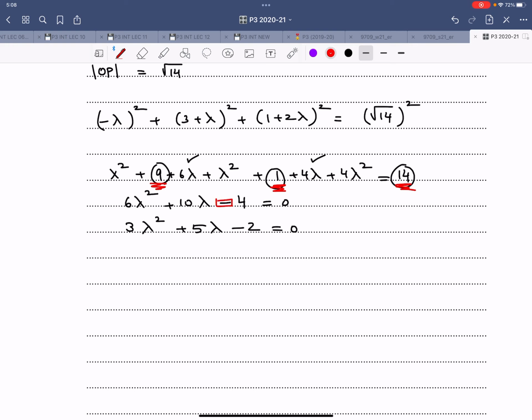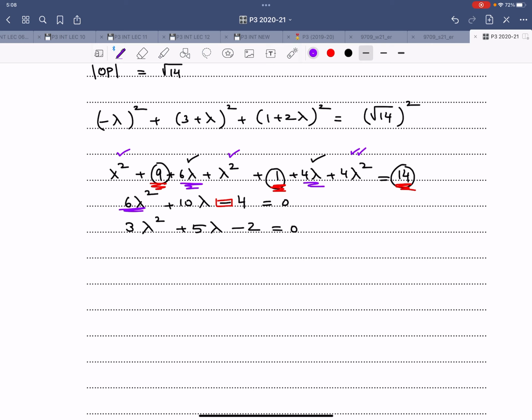So this is 6 lambda square, and then you have 9, this 6 and this 4, that adds up to 10 lambda. So you get this equation.